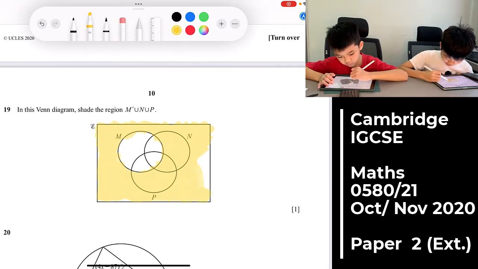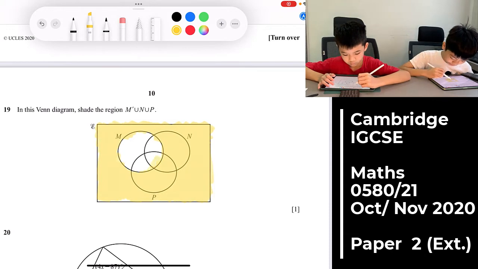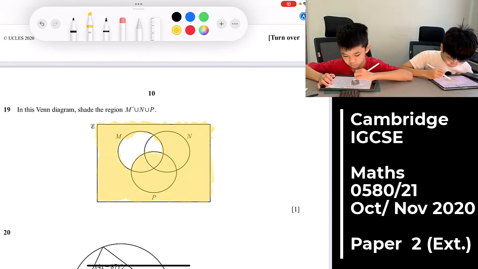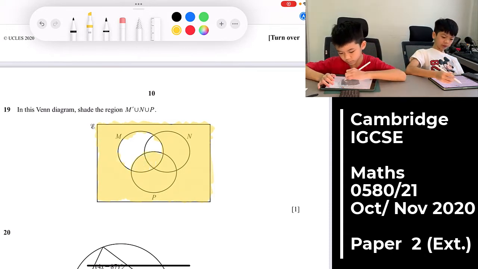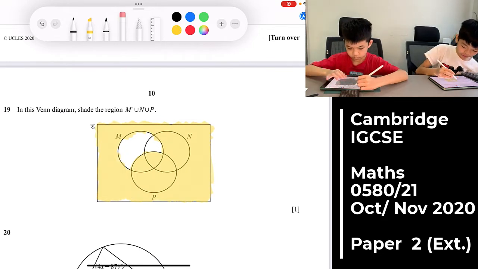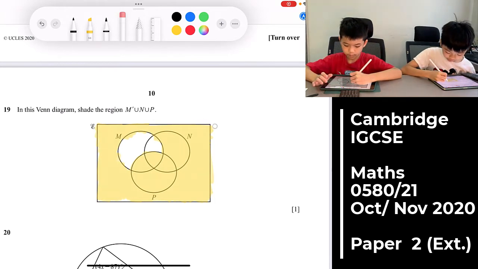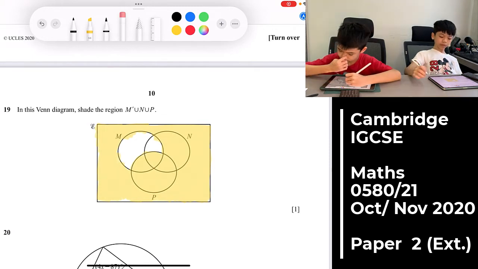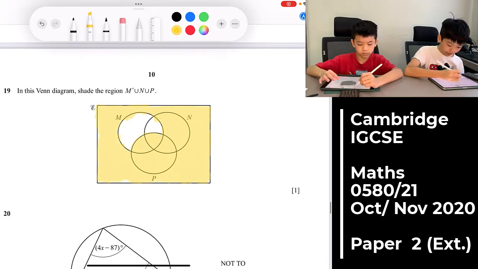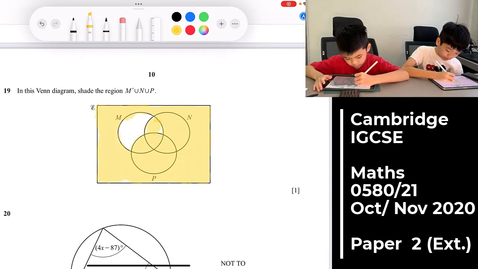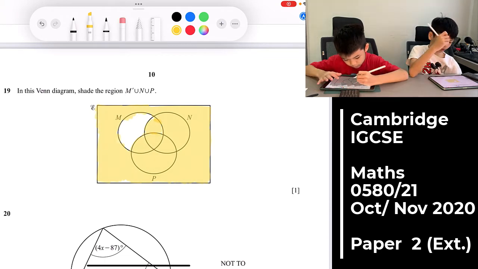And then union P. So it goes like this. Try not to leave any markings outside everything, the universal set, because then that's sort of like breaking the fourth wall. Oh wait, I didn't hide that. Color this. Okay, now that looks better.